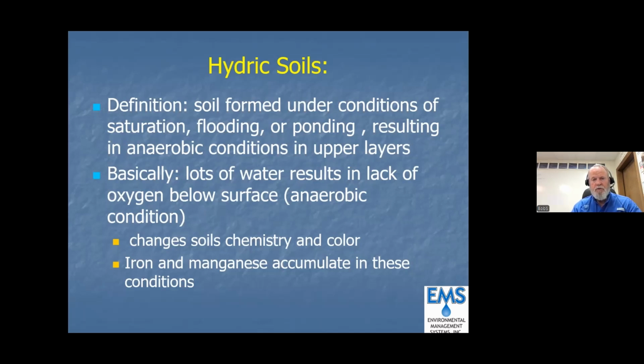You're looking for changes in soil chemistry and color, and typically iron is the main one that we're looking at. Manganese can also be an indicator. Manganese can create black stains on surfaces.